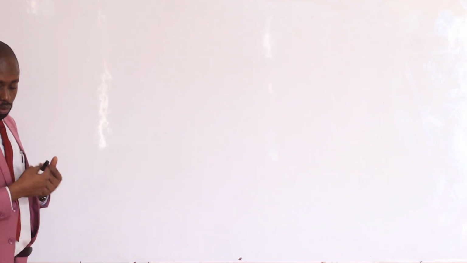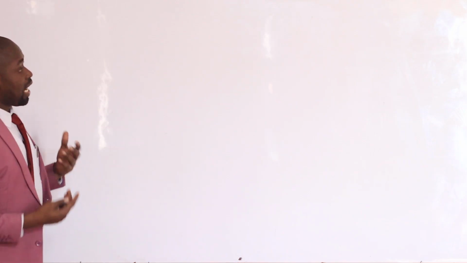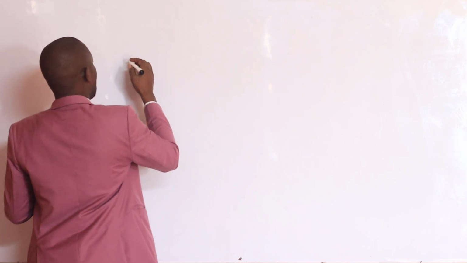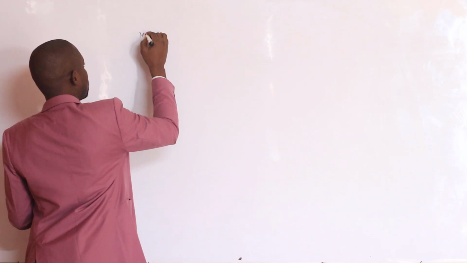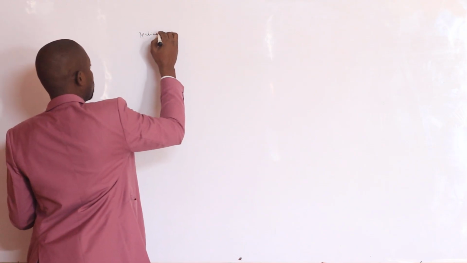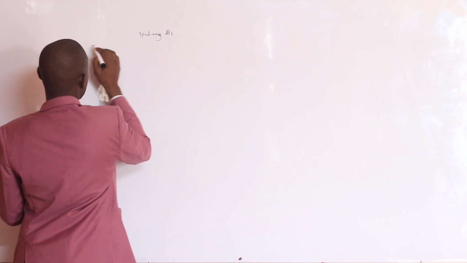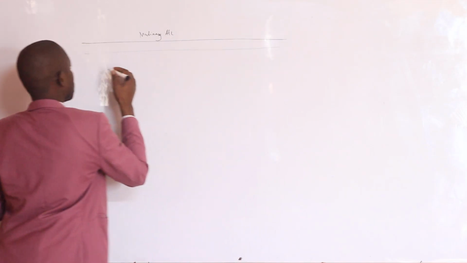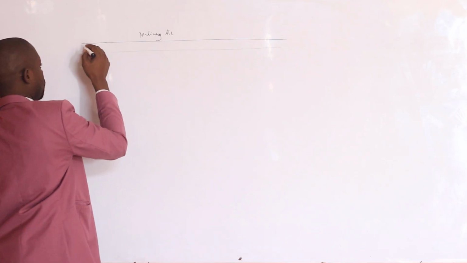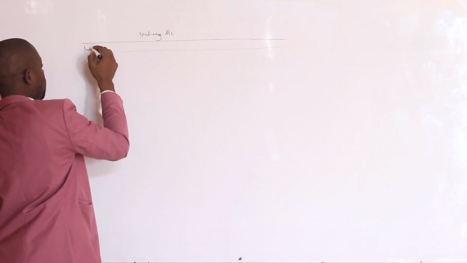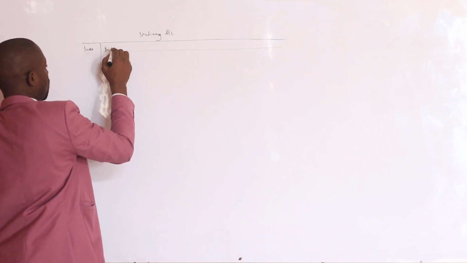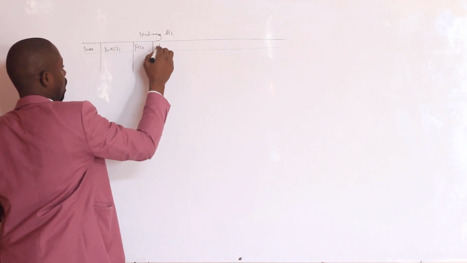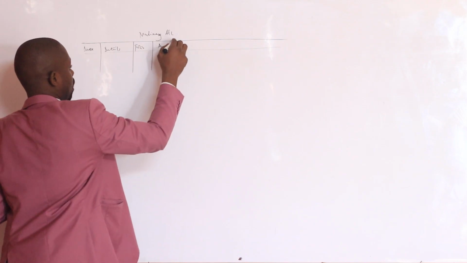Now, let me first of all show you the format of a ledger account. Then we talk more about it. An example of machinery account, machinery ledger account. We have date this side, the details, folio, then amount, then double line.